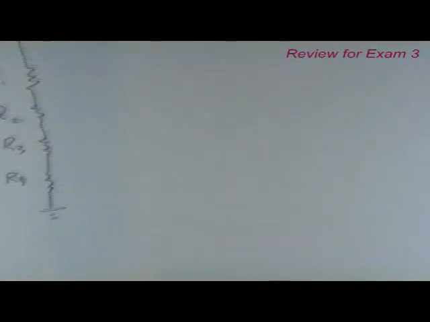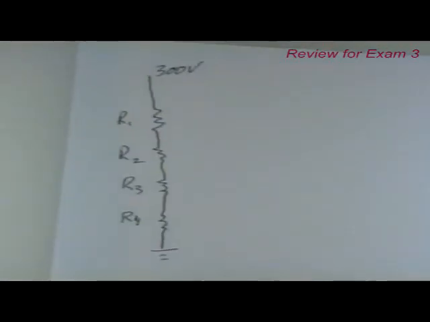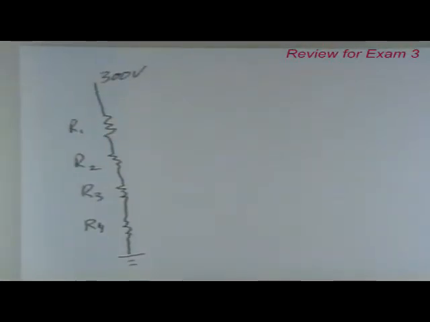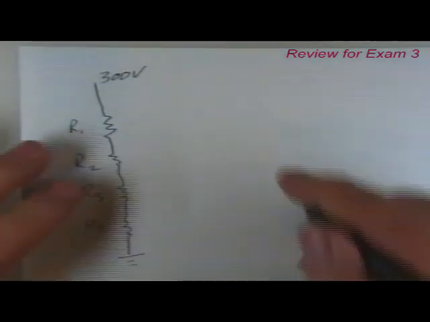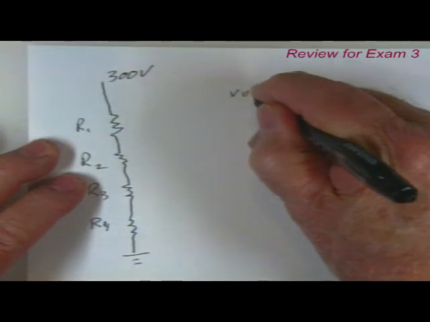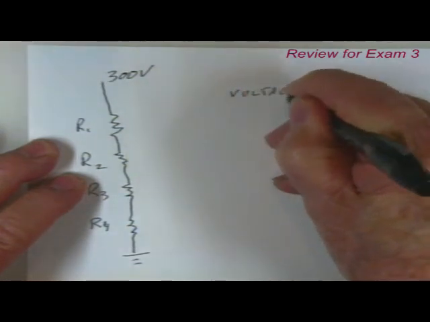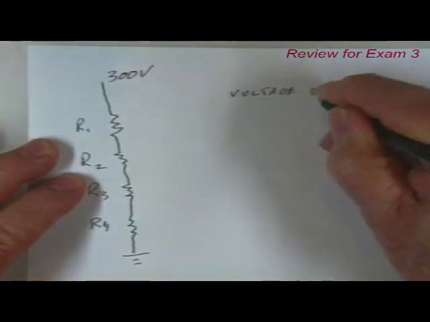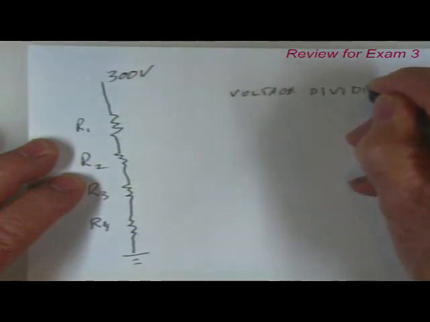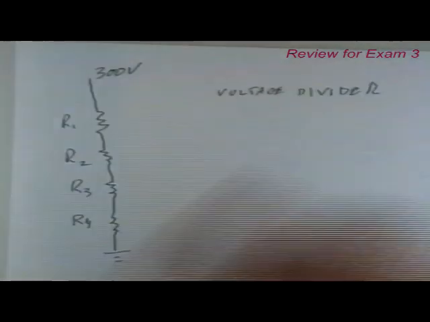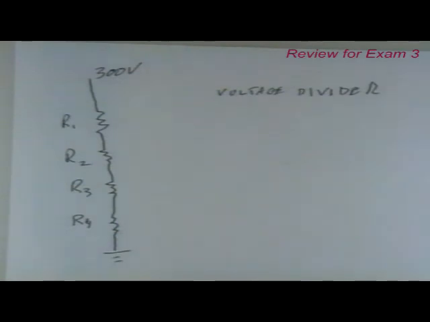Now, the next kind of problem that I want to talk about is something called a voltage divider. And let's go something like this. Okay, what we're going to do with this voltage divider, we're not going to use Ohm's law. We're going to use a variation of Ohm's law.